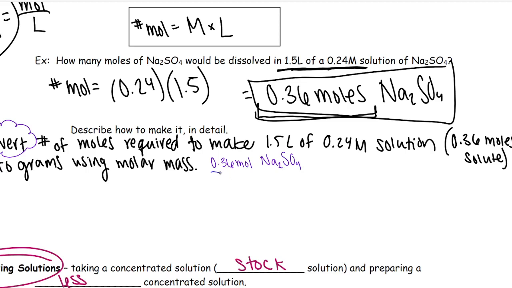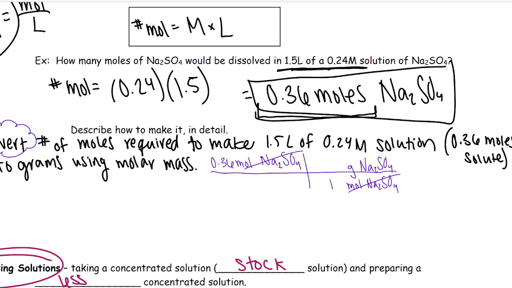I need to convert that using a T-chart into grams of my solute, so moles would come to the bottom. That will cancel out, and I would get grams of sodium sulfate, Na2SO4, on the top. To go from grams to moles, that is my molar mass conversion factor.